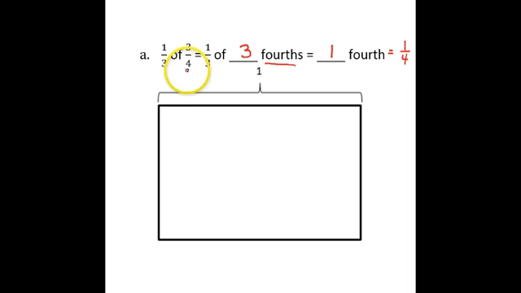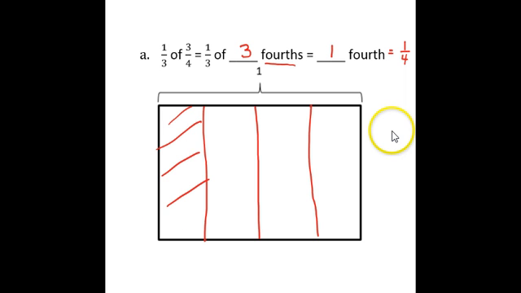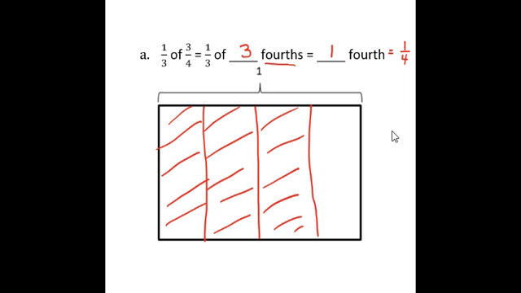We start with our 3/4. We're going to draw our fourths, and we'll shade in 3 of them, since we're looking at 3/4. And we'll show that those 3 columns are our 3/4.